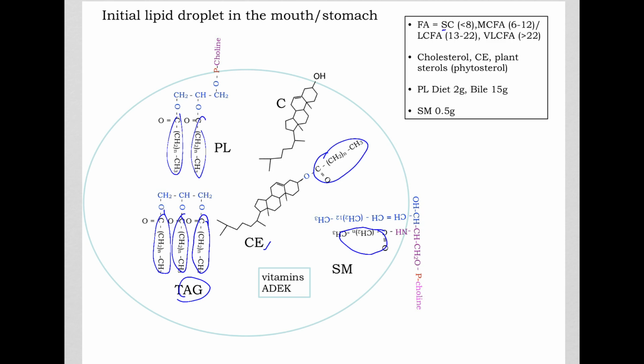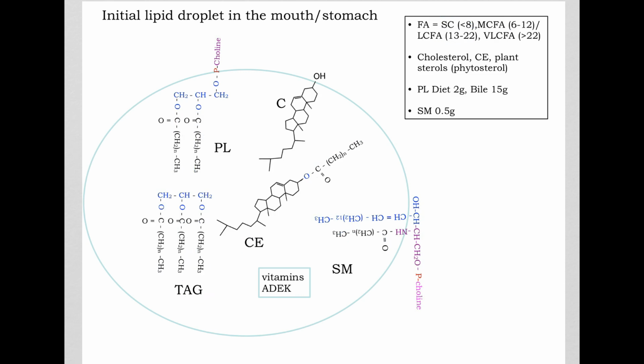For example, you can have the short-chain fatty acids, roughly less than 8 carbons. You can have the medium-chain fatty acids, long-chain fatty acids, and very long-chain fatty acids. So each one of these is a class of molecules where the fatty acid is different for one compared to another.